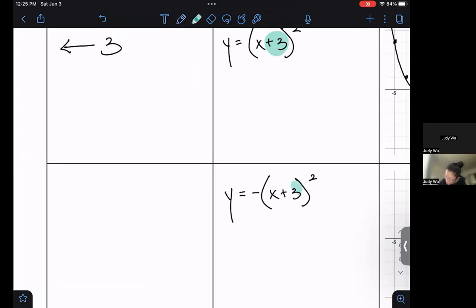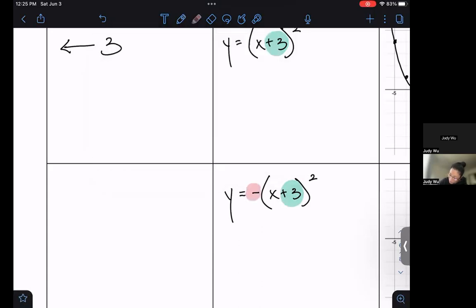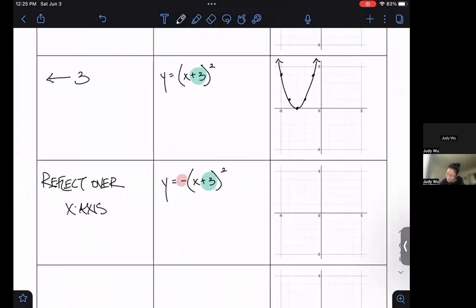Okay, so this +3 moved it to the left 3, but this negative is going to be a reflection, so reflect over the x-axis, okay? All right, reflect over our x-axis means I'm going to take all of these and I'm going to multiply the y values by -1, and I'll get a picture that's facing down.